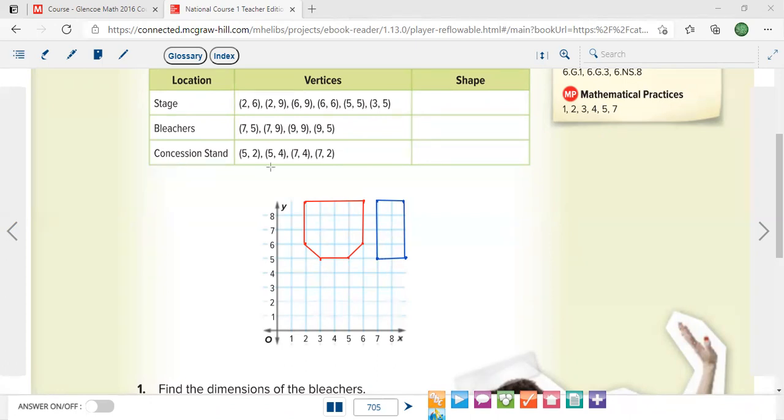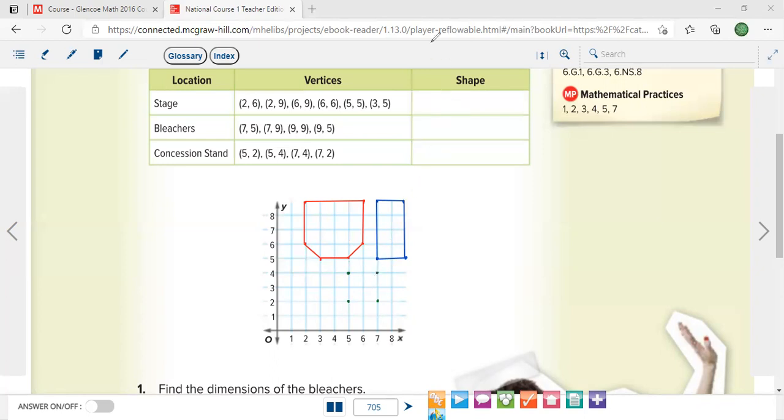For the concession stand, let's take another color. 5 up to 2, 5 and 4, 7 and 4, 7 and 2.